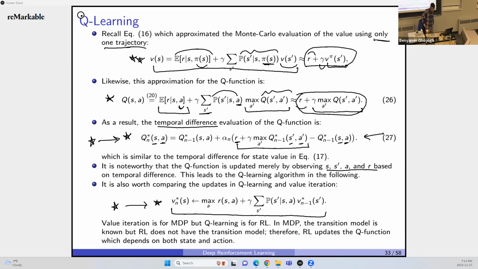You remember we said value iteration and policy iteration, they are used for, was it for Markov decision process or reinforcement learning? What was the difference of Markov decision process and reinforcement learning? The transition model, right? So we can have the transition model. What is the transition model? Going from one state to another state. What is the probability? Okay.